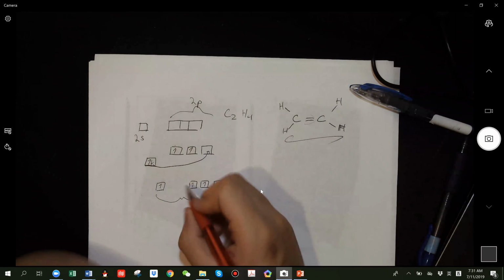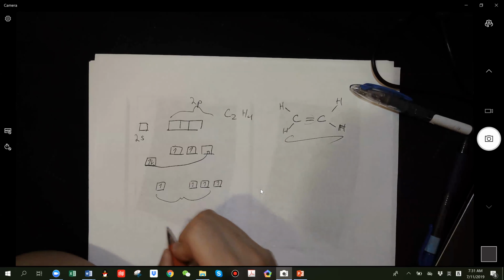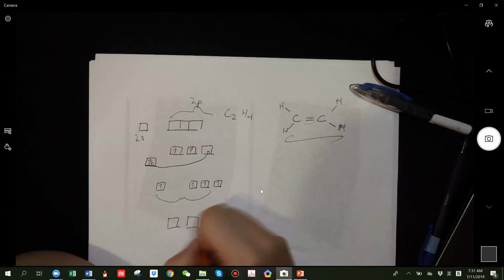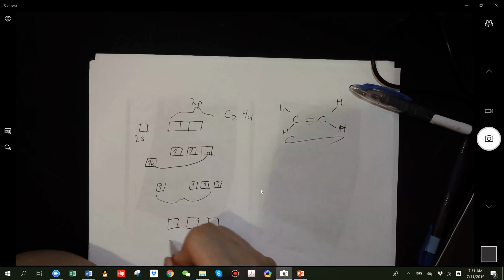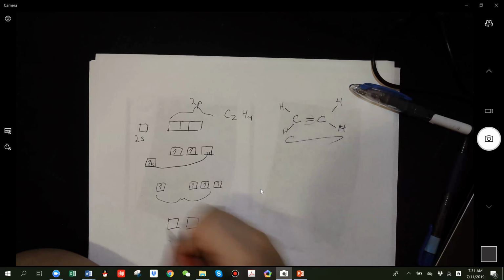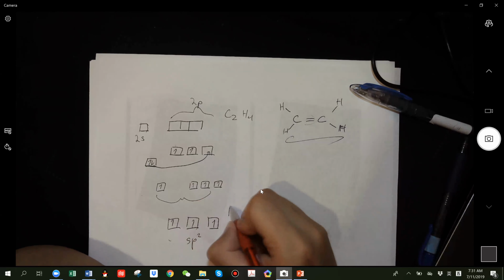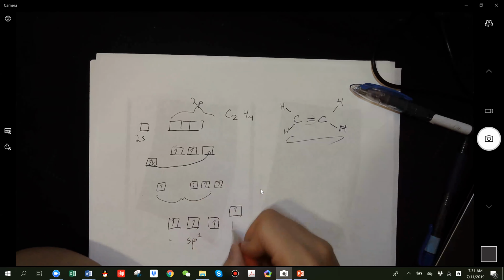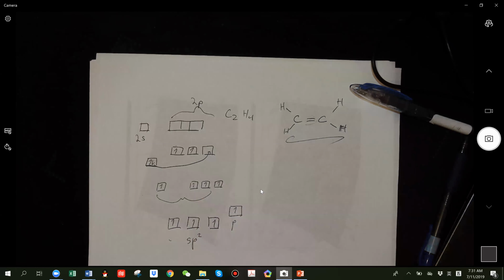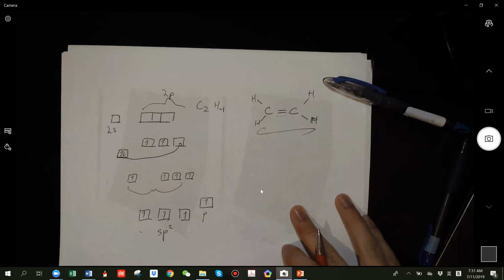So now we combine these orbitals to form a set of new orbitals called the sp2 orbitals. So we'll call these sp2. And then we have 1 p orbital. So basically we just combine 2 p orbitals and 1 s orbital to get these new hybrid orbitals. And the shapes of these new hybrid orbitals are like this.